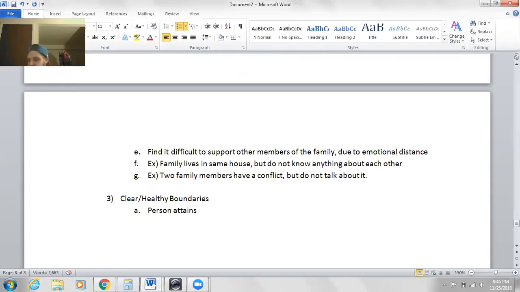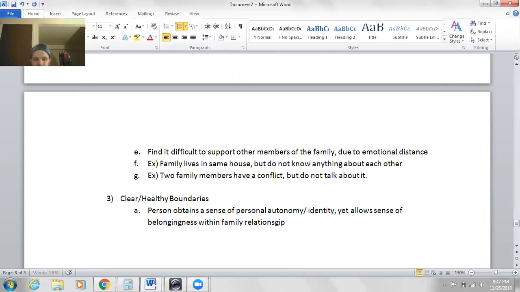Person obtains a sense of personal autonomy or identity, yet allows sense of belongingness within family relationships.